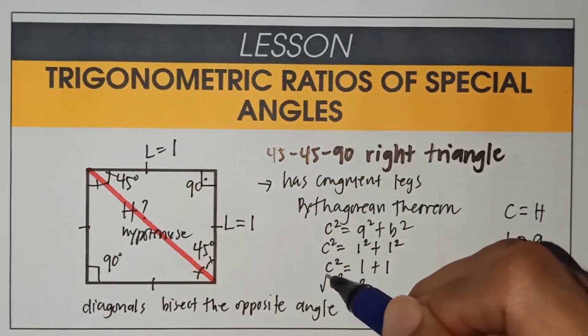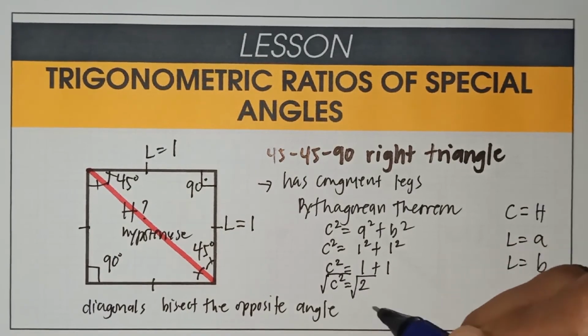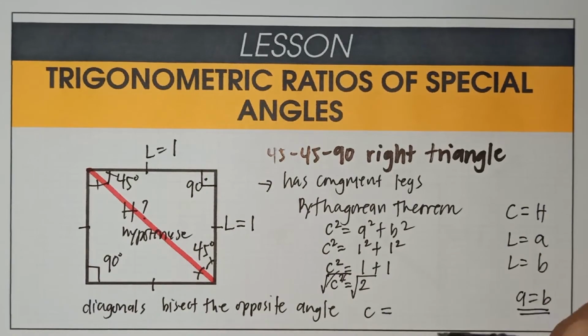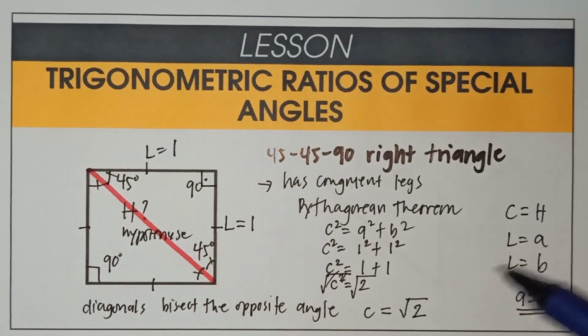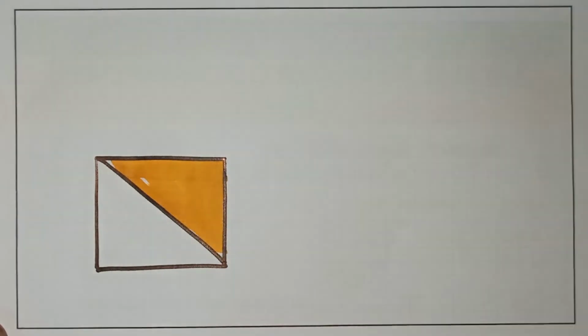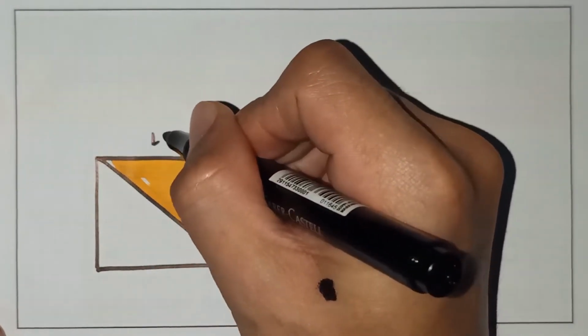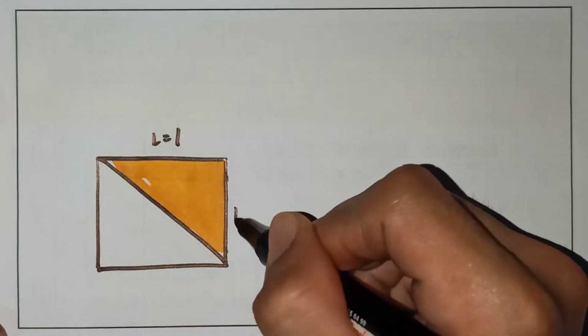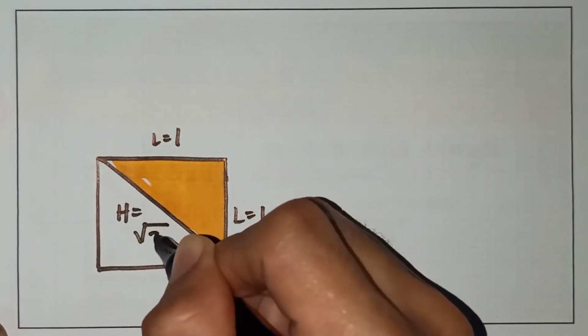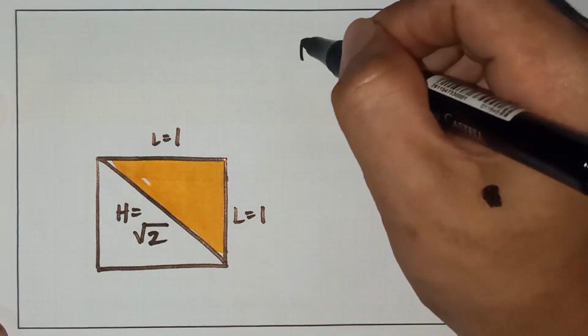And taking the square root of both sides, c now is equal to square root of 2. Let's say, for example, a while ago, this is the leg which is 1, the other leg is 1, and the hypotenuse is square root of 2.